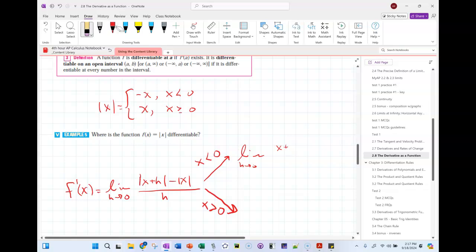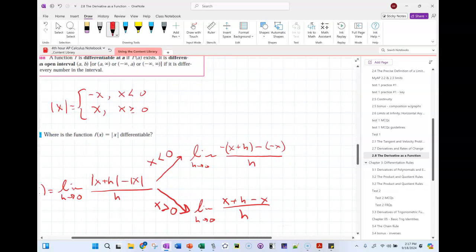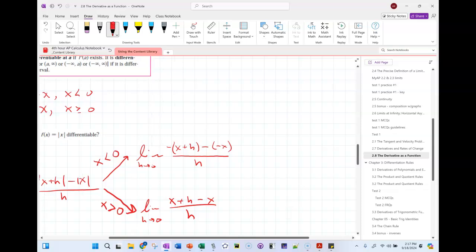So if x is less than 0, I'd say this. If x is greater than 0, I'll do this. So if I distribute my negative sign through.